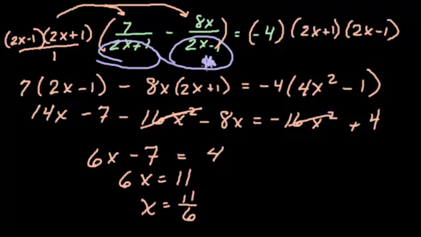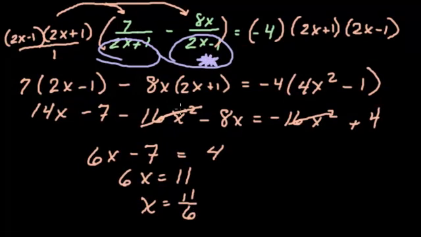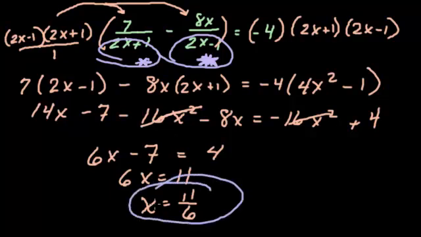If x were 1/2, then this would have a 0 in the denominator. My x is not 1/2, so I'm good there. Right here, x would need to be equal to negative 1/2 to have a 0 in the denominator, so that is okay as well. So I don't have any discrepancies, no undefined terms, so this one is good to go as well.